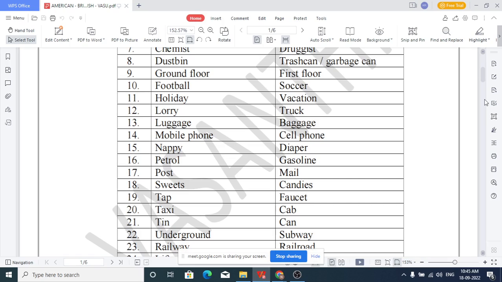But in India we use diaper more than nappy. Okay. Diaper, petrol, gasoline, post office, mail, sweets, candies, tap, faucet, taxi, cab, tin, can, underground, subway, railway, railroad.